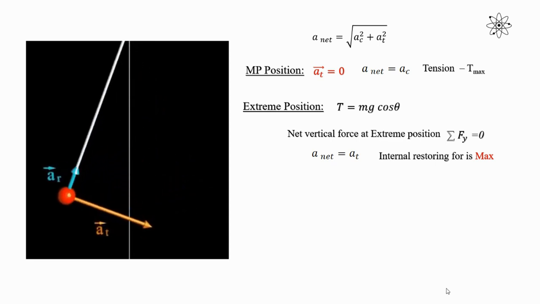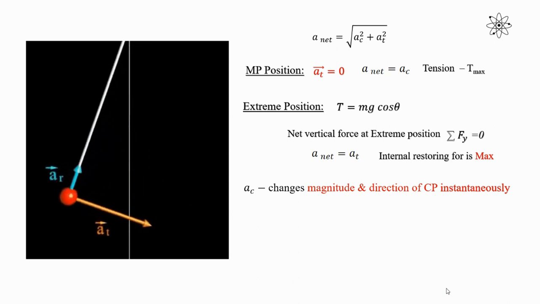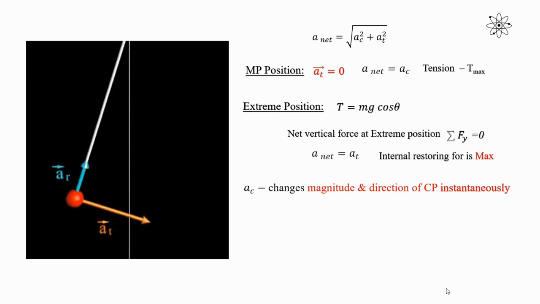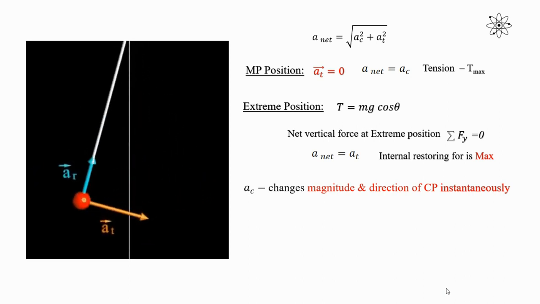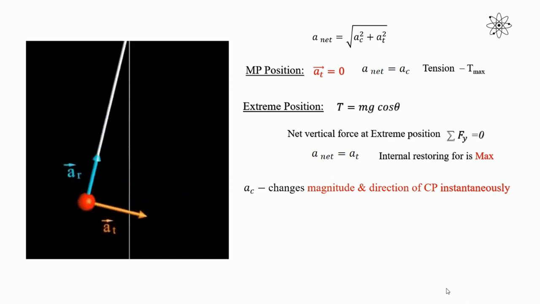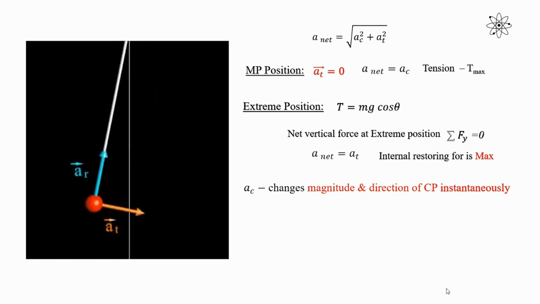From this discussion, we can say, student, the centripetal acceleration changes the magnitude and direction of the centripetal force instantaneously. As you observe in the GIF, the blue vector, you can see at every instant its magnitude, that is the length of the vector, changes along with the direction.